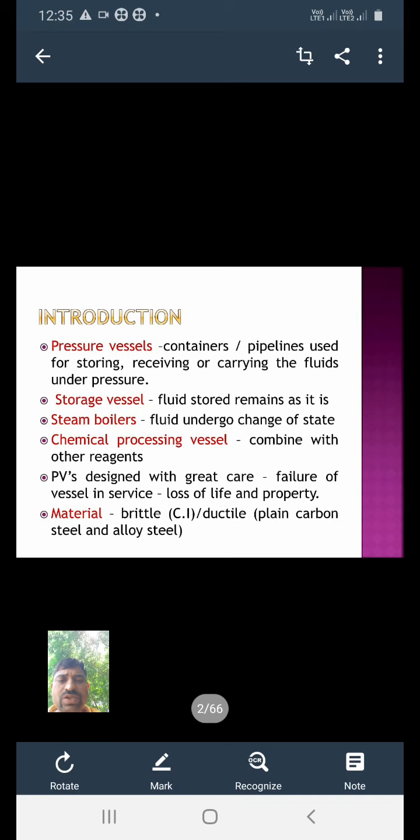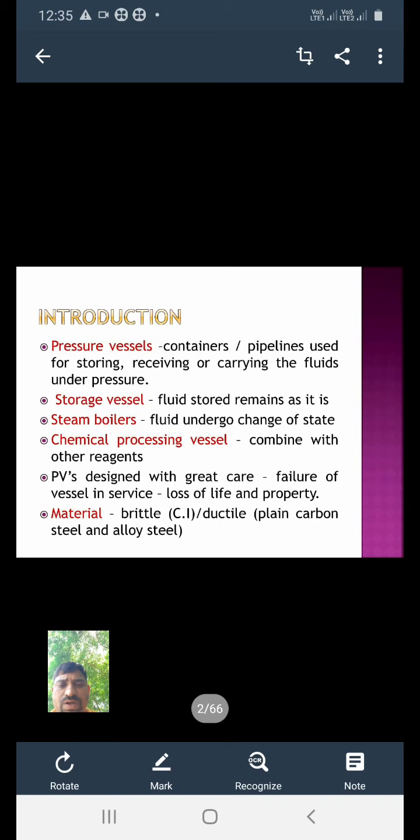Then in a chemical process, the fluid combines with other reagents. A pressure vessel is designed with great care against failure of the vessel in service or loss of life and property.